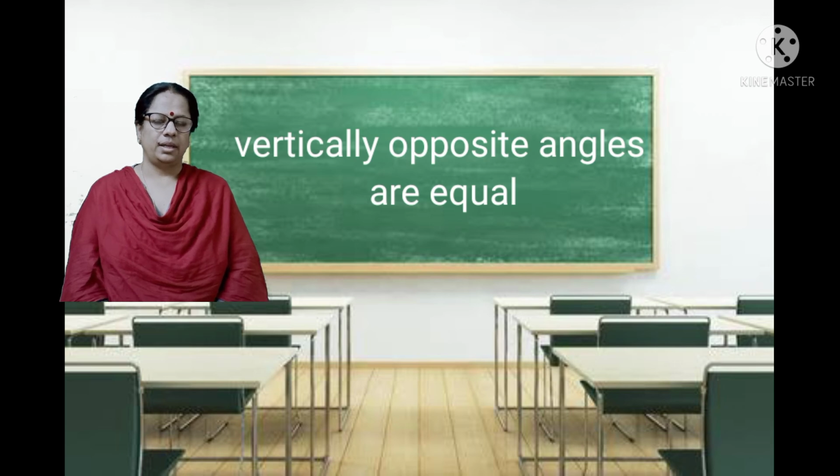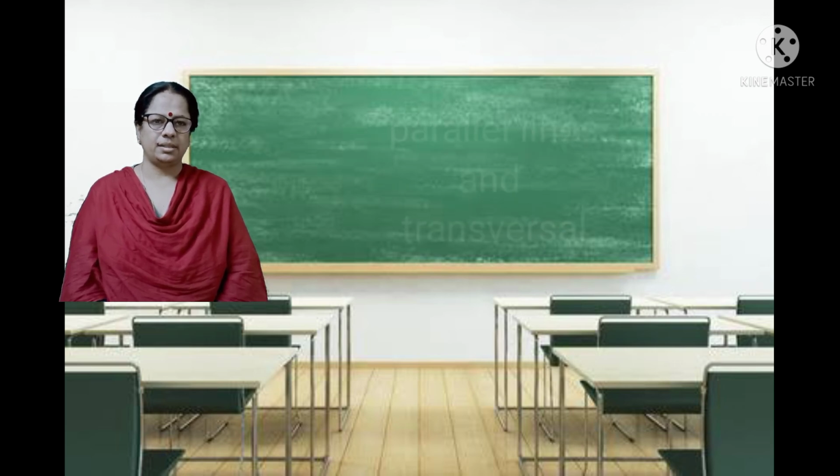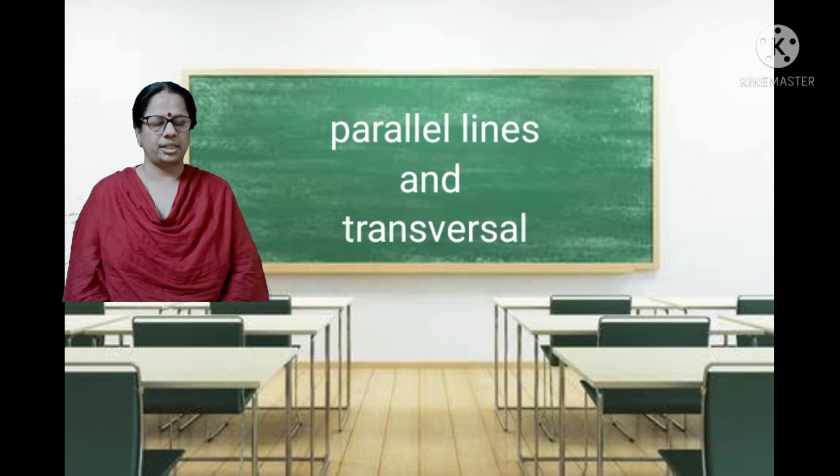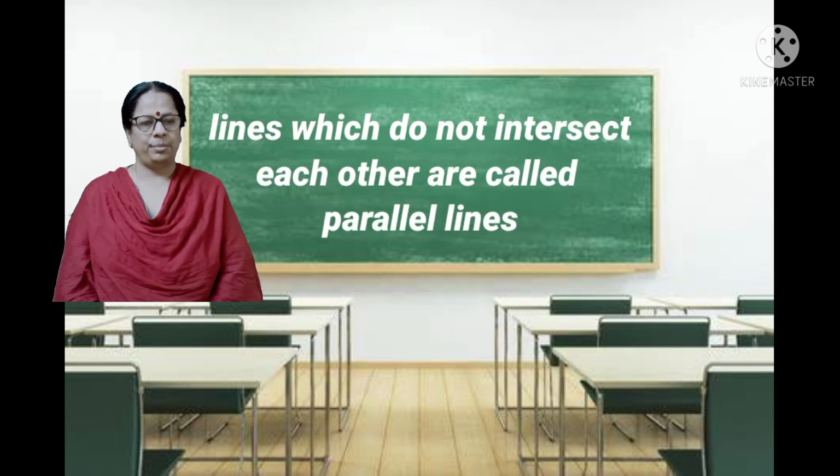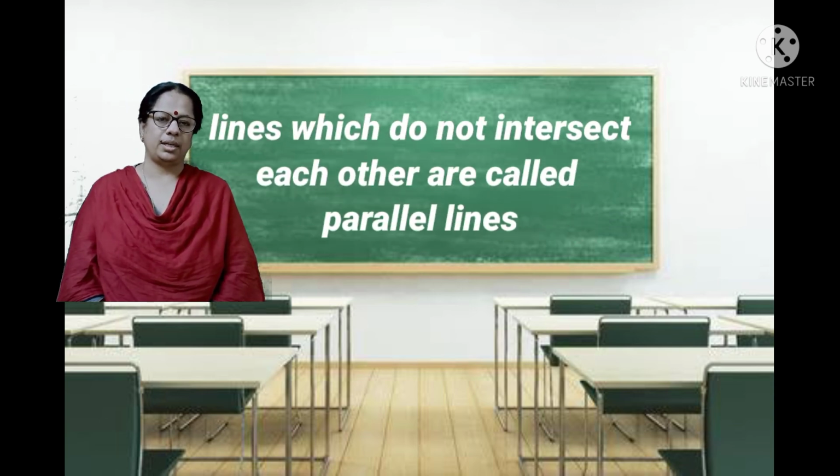Then the next important idea is parallel lines and transversal. How can we define parallel lines? Two lines are said to be parallel if they do not intersect each other.